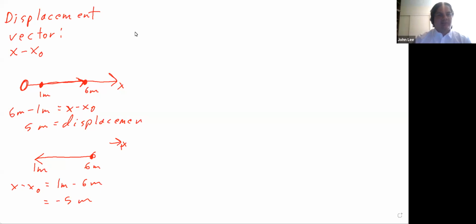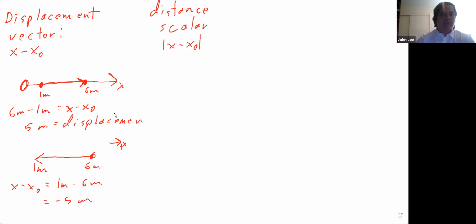So that's displacement, but there's another value which is called a scalar, the distance traveled. I don't think that they define it as a particular variable or particular definition, but the distance traveled is just the length traveled. So it's a scalar and it's the absolute value of x minus x naught.